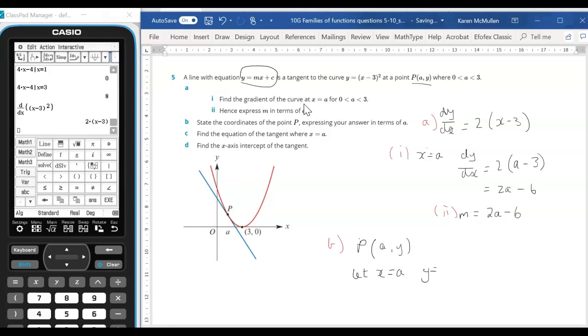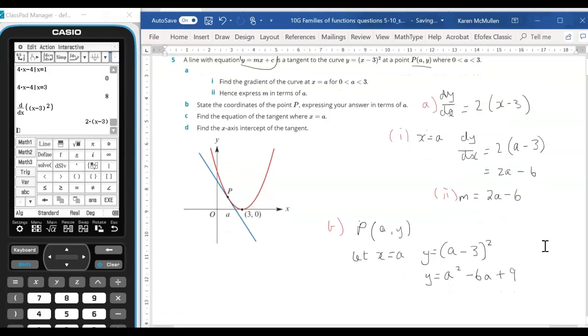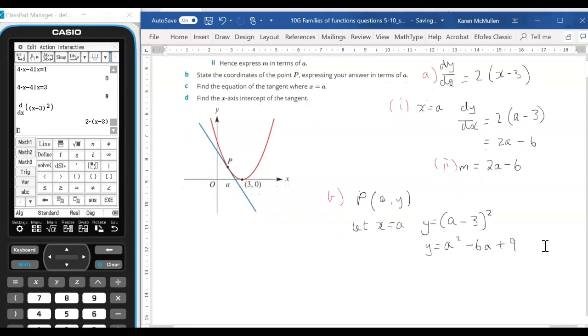That means y is equal to (a minus 3) squared, and if we expand that, we get a squared minus 6a plus 9. The reason I've done that is because that's how the solution is in your textbook, and sometimes it's good to be consistent.